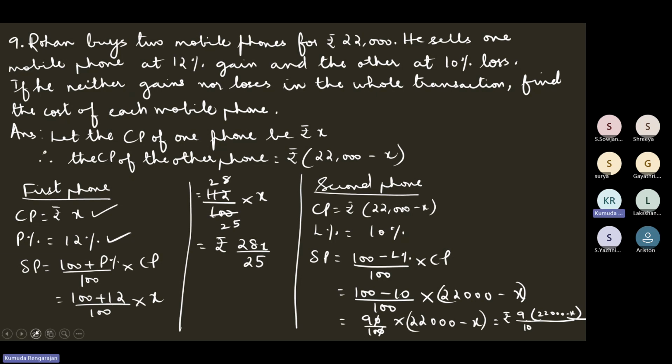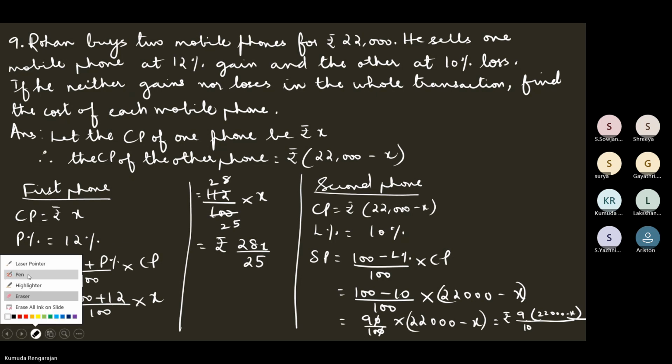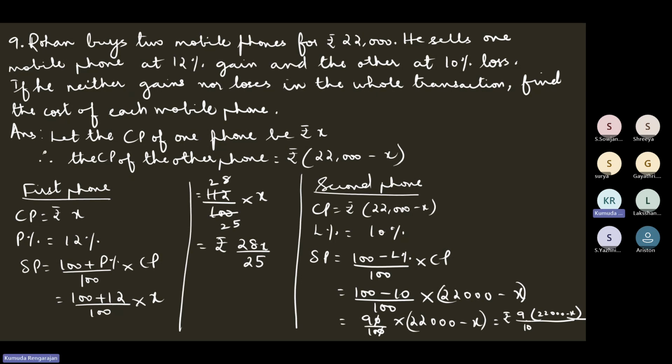Completely silent. You have to say something. When there is no profit or loss on the whole transaction, Rohan neither gains nor loses. So then what is the assumption?